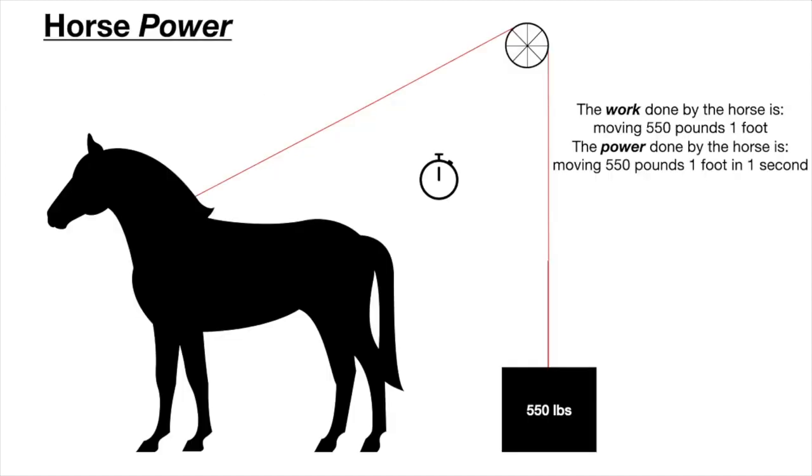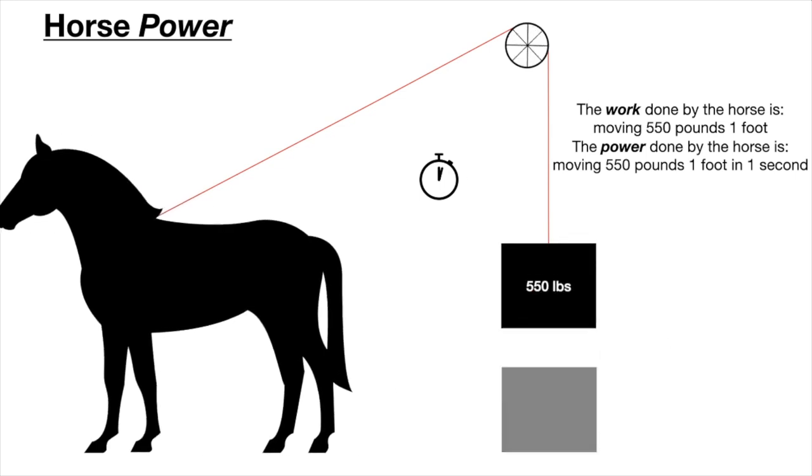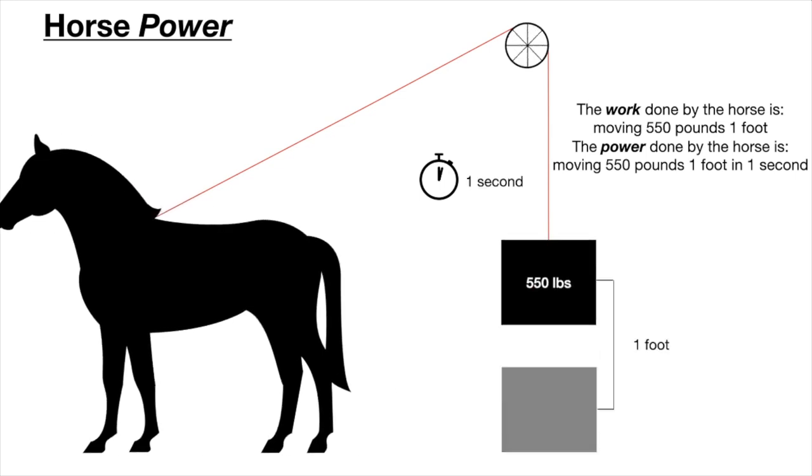The work done by the horse is moving 550 pounds 1 foot. The power done by the horse is moving 550 pounds 1 foot in 1 second.